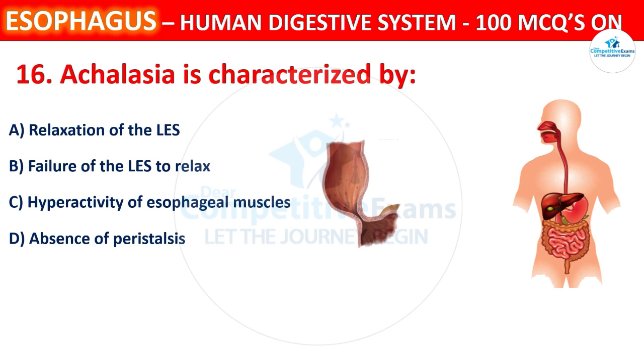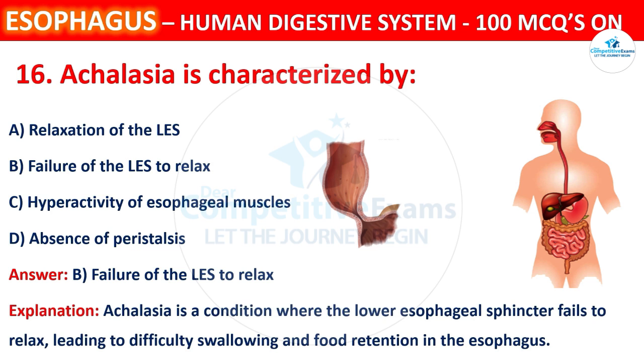The correct answer is B, that is failure of the LES to relax. Achalasia is a condition where the lower esophageal sphincter fails to relax, leading to difficulty swallowing and food retention in the esophagus.